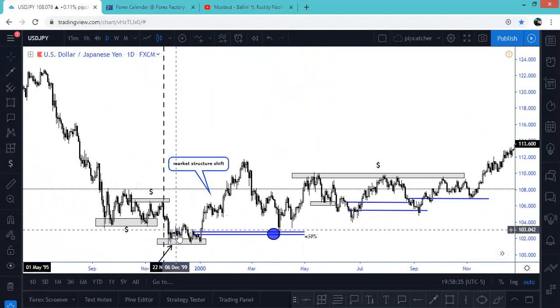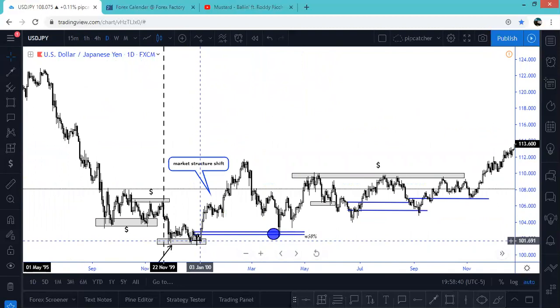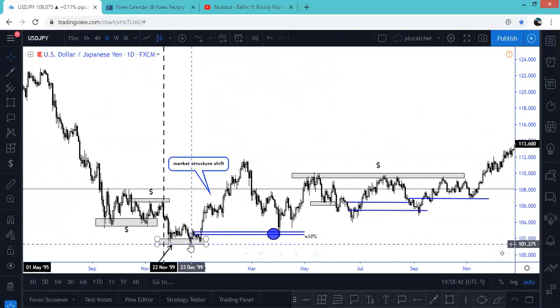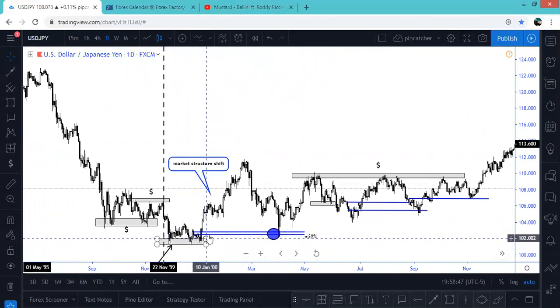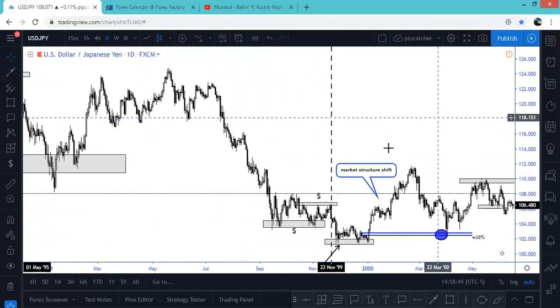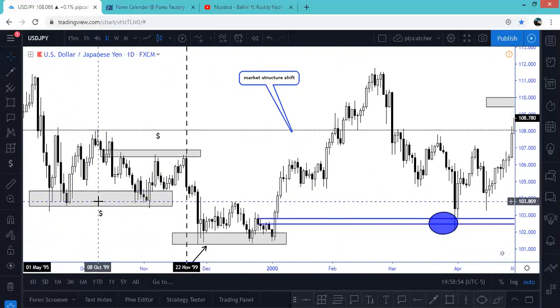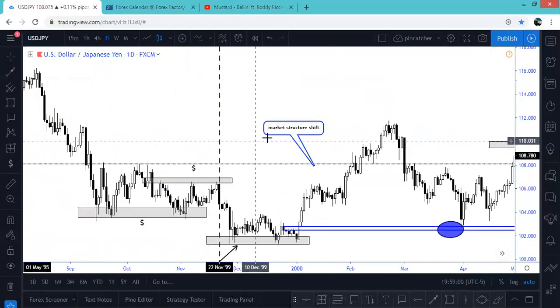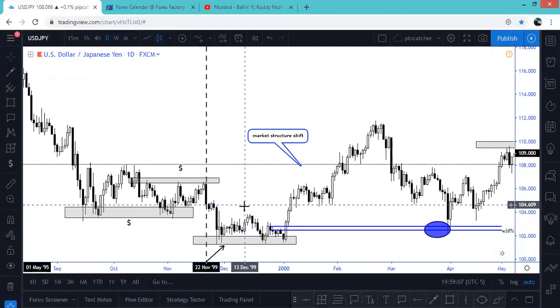And this is the beauty of this, because we have a sort of breaker and mitigation block scenario right here, right? So if we zoom in, what's the criteria for mitigation blocks and breaker blocks? Mitigation blocks don't have a stop hunt, right?